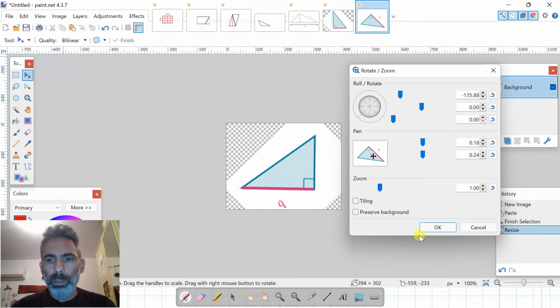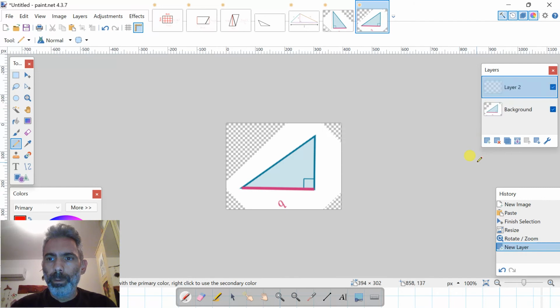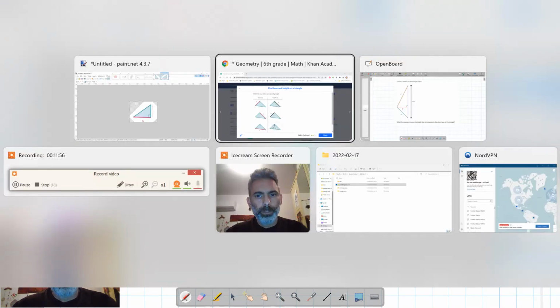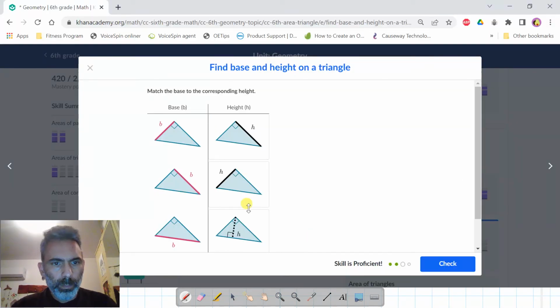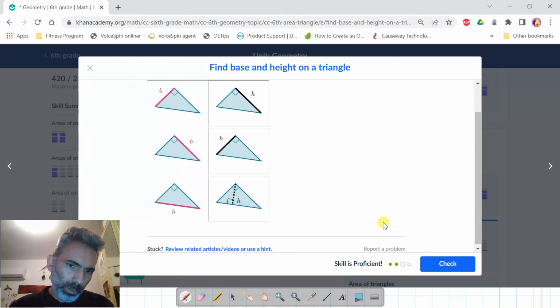Okay, so we see that when this is the base, the corresponding height is this line segment here. So it means that it already has its corresponding height. Okay, and when this is the base, this is the height. Okay, so now it's all good.